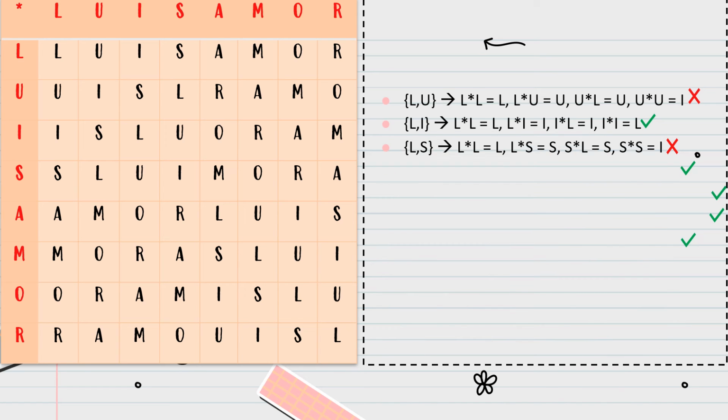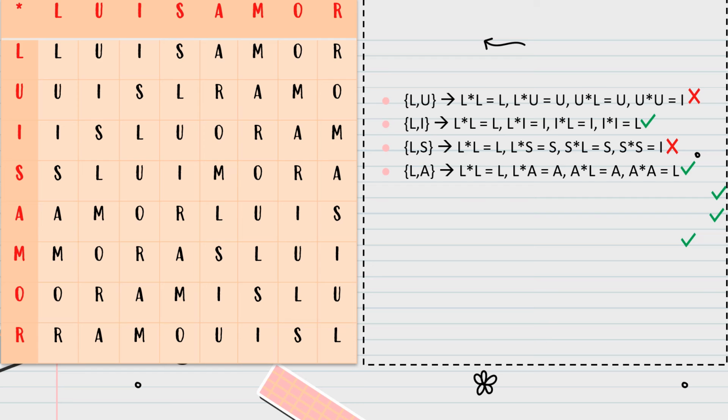Next, {L, S}. L star L equals L, star S equals S, S star L equals S, and S star S equals I. And I is not an element of {L, S}. Therefore, it is not a cyclic subgroup. Next, we have {L, A}.